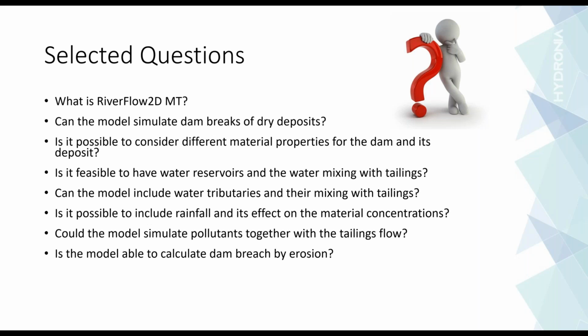Is it possible to include rainfall, and does the rainfall affect the material concentration of the deposit or the flowing tailings? Could the model simulate pollutants together with tailings flow? Is the model able to calculate dam breach by erosion of the dam that contains the tailings? These are the questions we are going to address today.